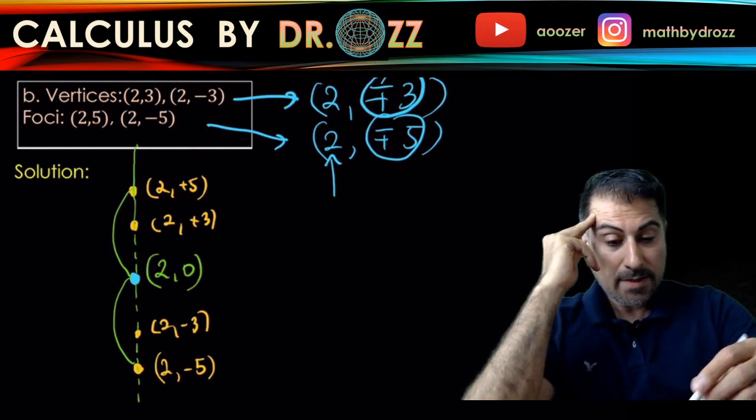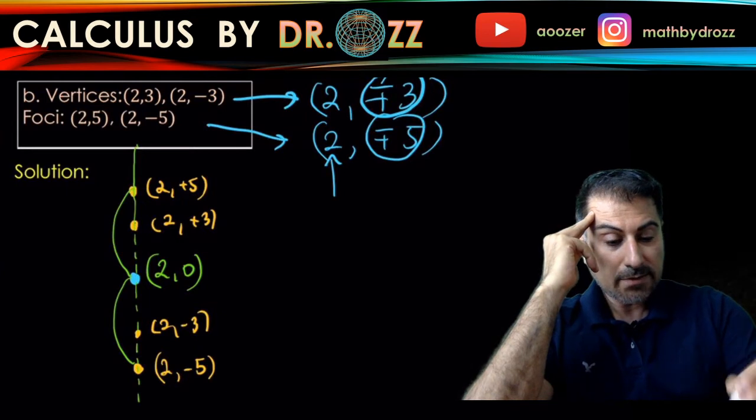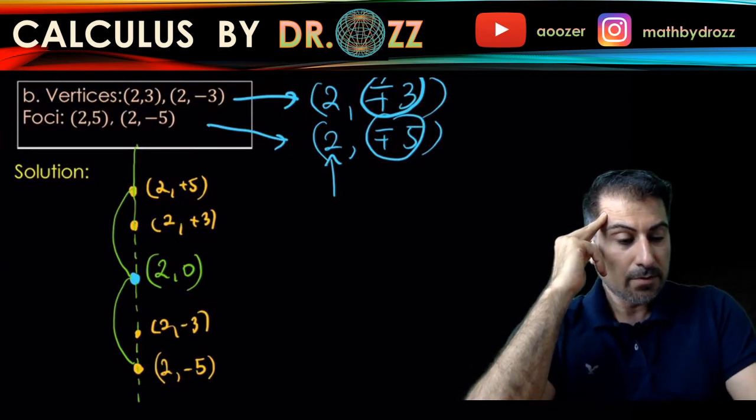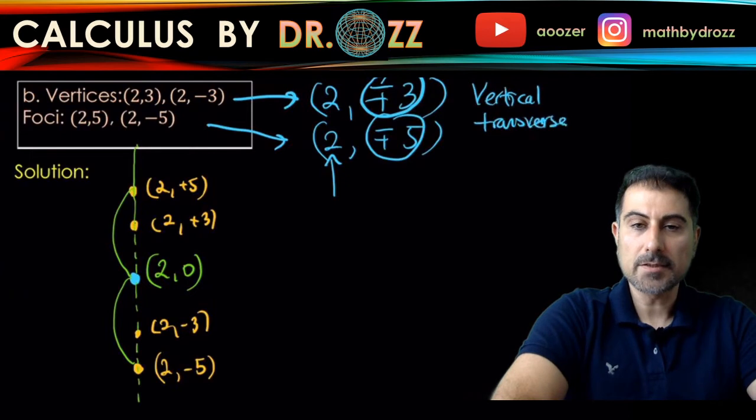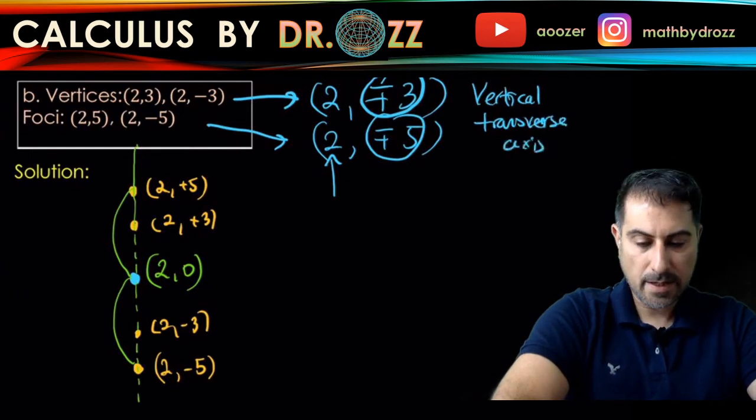As I said, we have the vertical transverse axis. Let me just write that down here: vertical transverse axis. What else do we have to know?